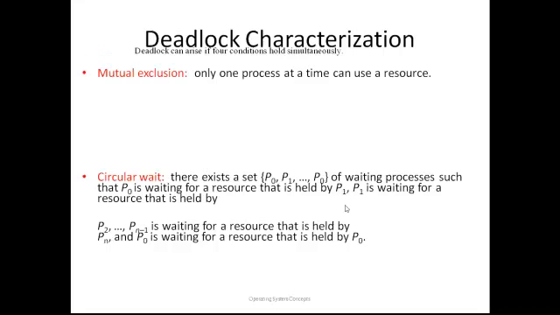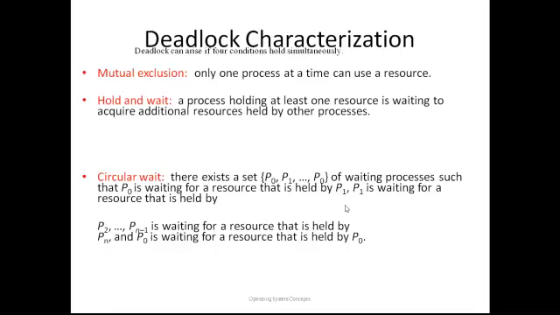Now mutual exclusion: only one process at a time can use the resource. No two processes are allowed to use the resource. Then hold and wait, where a process is holding at least one resource and waiting to acquire additional resources held by other processes.